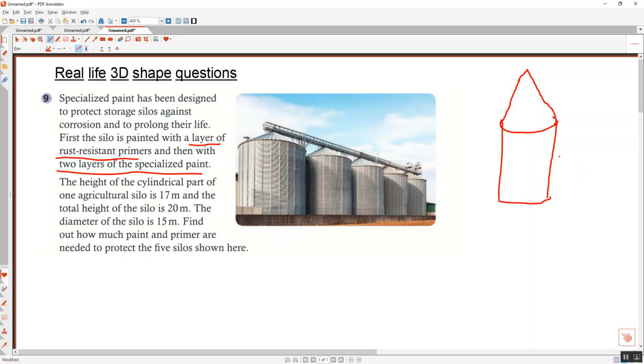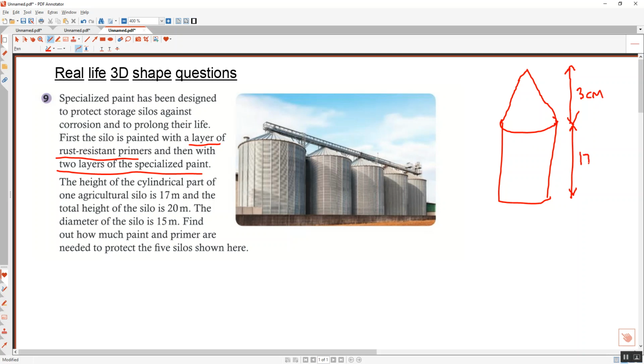Now the height of the cone part is 3. The height of the cylindrical part is? Good, and the total height is 20.